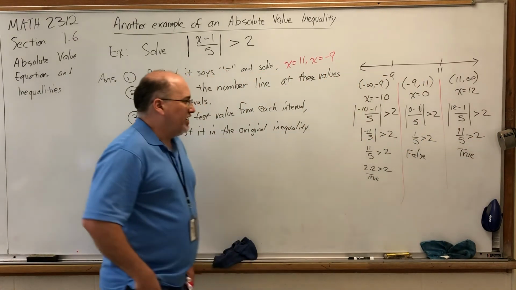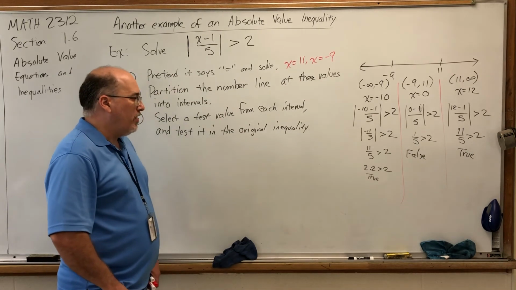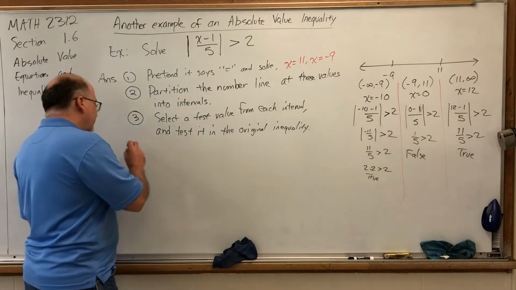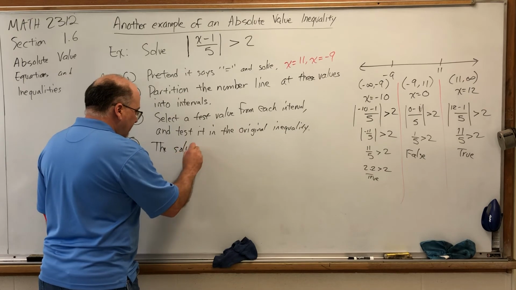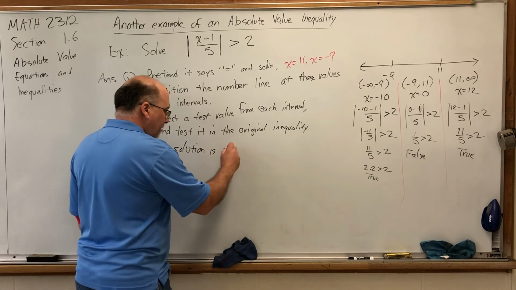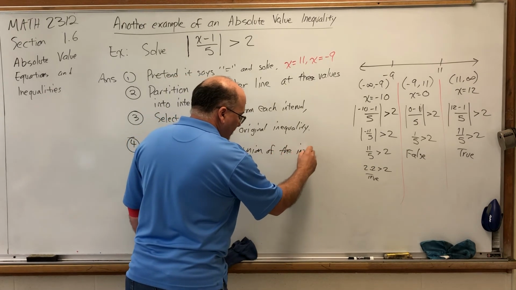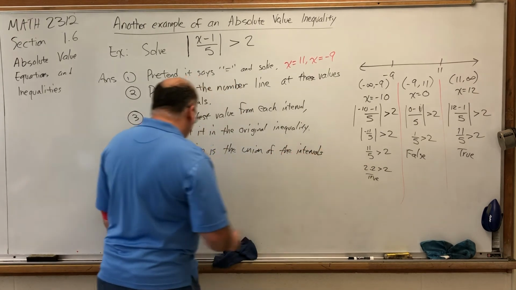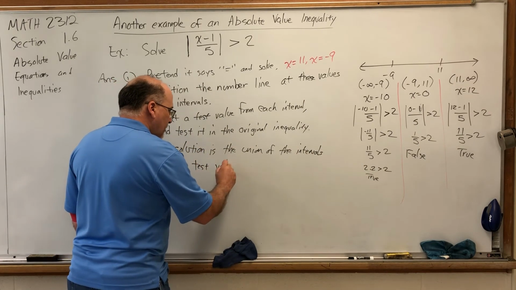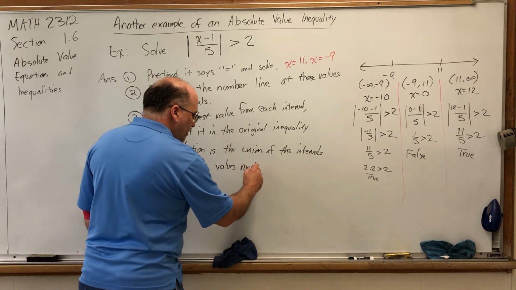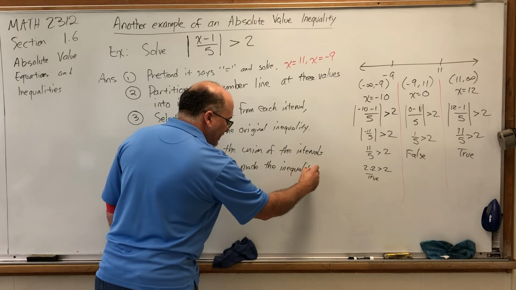So from each interval, select a test value, test it in the original inequality, and pass judgment on whether it is true or false. To finish the problem, the solution is the union of the intervals whose test values made the inequality true.